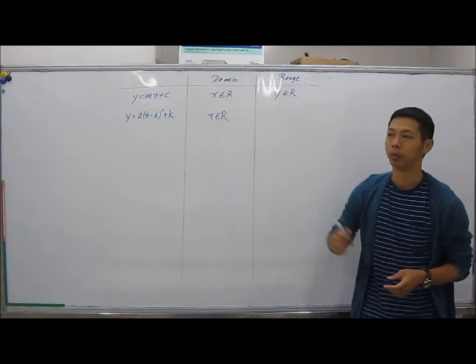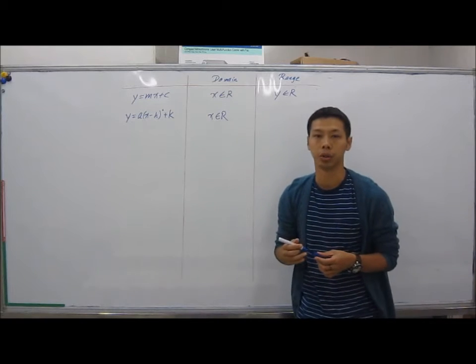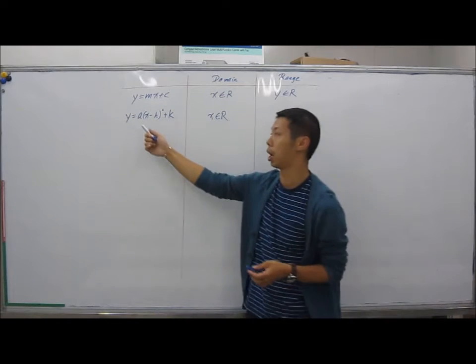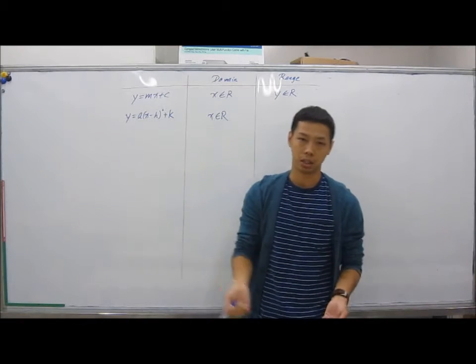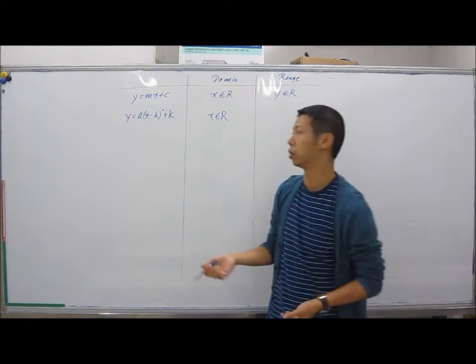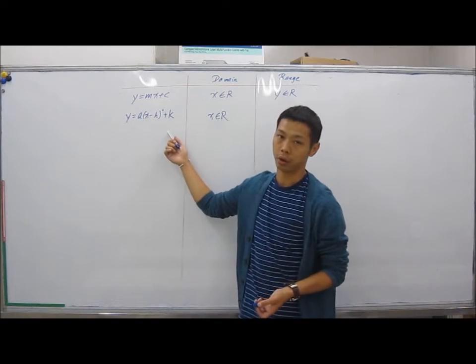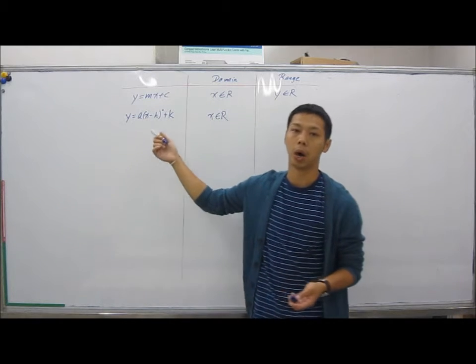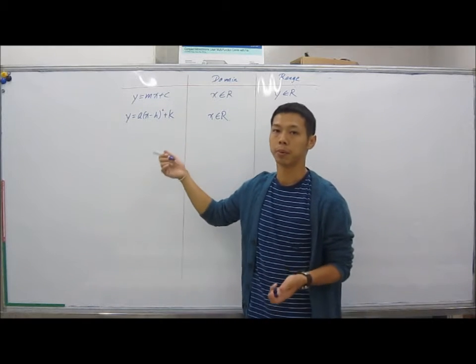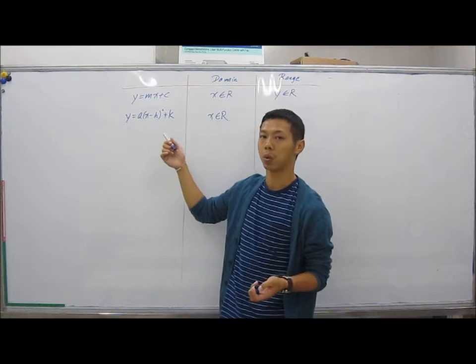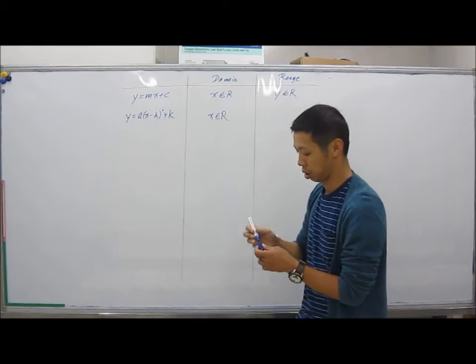But for the range, we need to consider two cases about the a. If a is positive, then we have a minimum value for the y.